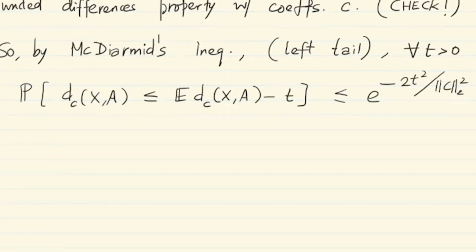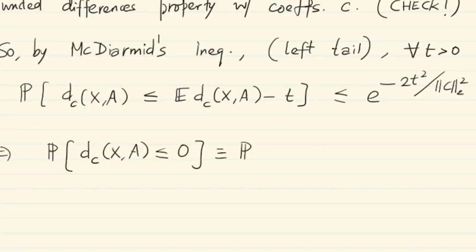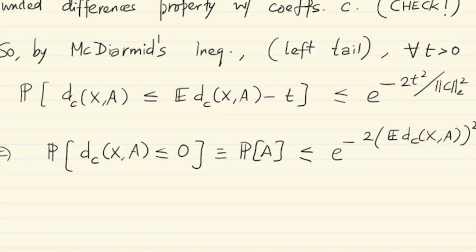So one can take in particular t exactly equal to E[D_c(X, A)], which gives you that the probability that D_c(X, A) is less than or equal to 0, which by definition is just P(A), is bounded by e to the minus 2 times expected value of D_c(X, A) the whole square by norm c square.